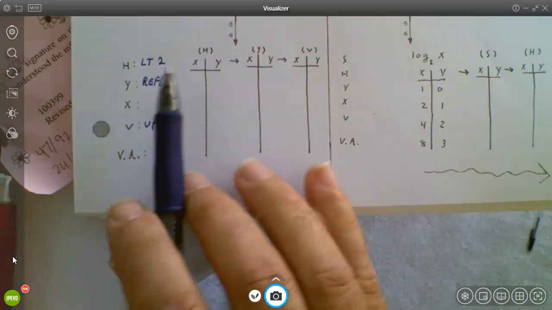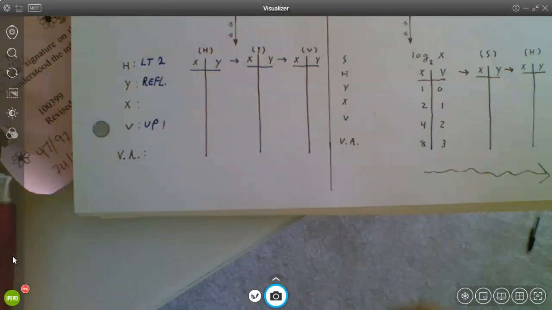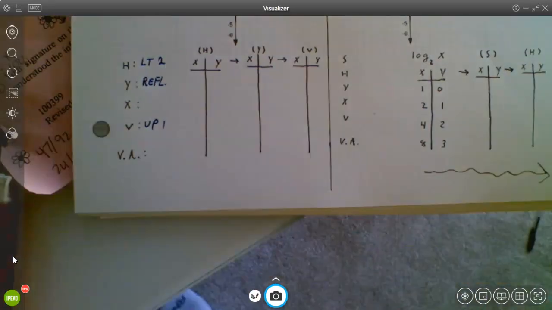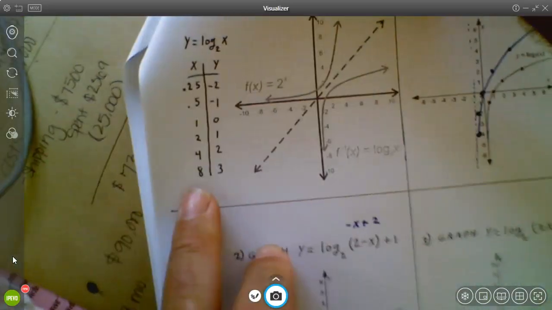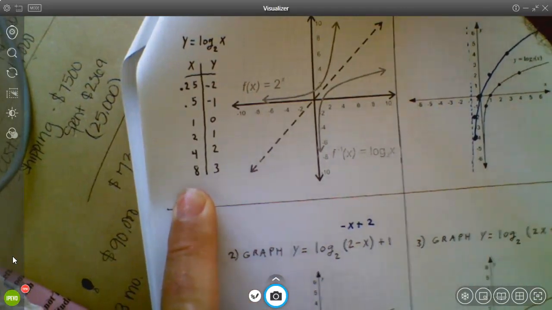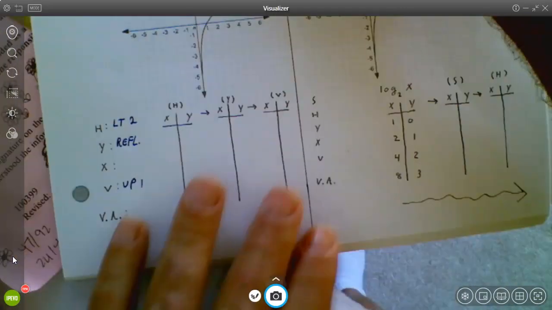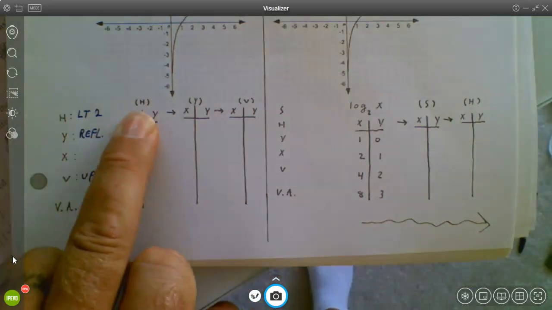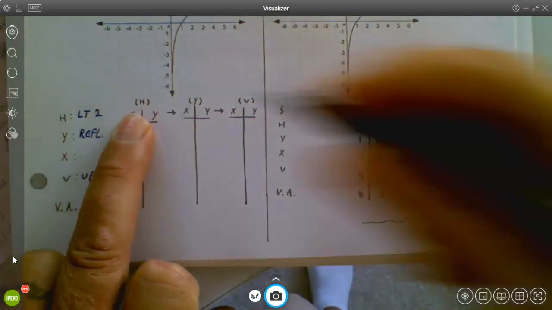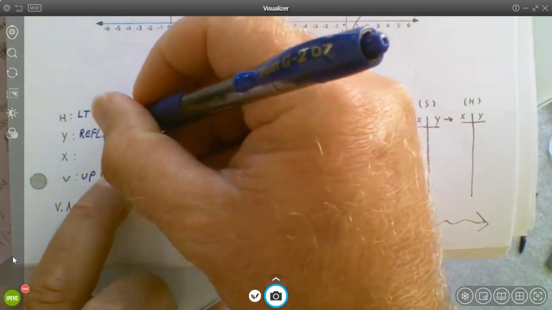So if I stick with these in order, I'm going to do my horizontal shift first. So I'm going to go left 2. I'm just going back up to the original set of points that I put here in the upper left of the page. And I'm going to take those points, and the first thing I'm going to do is apply this horizontal shift. So I'm going to subtract 2 from all my x's.